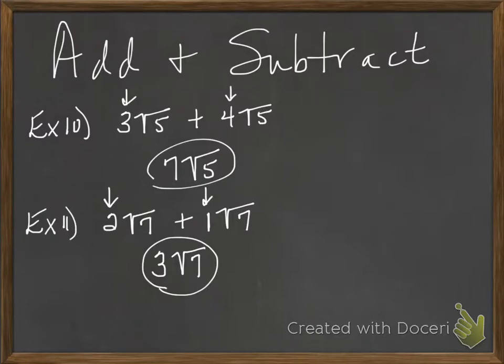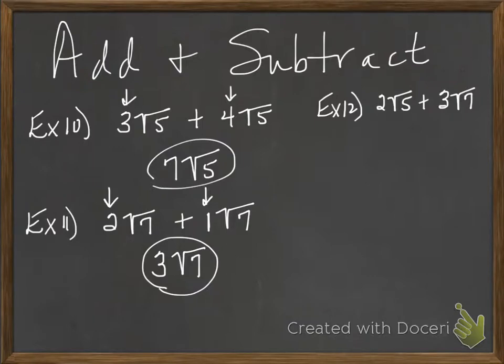All right, example 12. They'll throw a few of these in here. They'll make you think that you can add or subtract, and you won't be able to. So if we have 2 square root of 5 plus 3 square root of 7, we're not going to be able to add them because one term has square root of 5 and the other term has square root of 7.